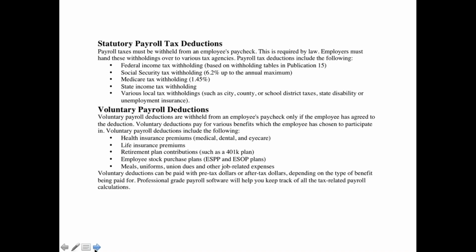Now, this works fine until you get up to 5 employees. Once you have 5 employees, you now have to, depending on your state, pay workers' compensation or disability and unemployment insurance. Now, these are programs that have been set up by the government to help the workers.